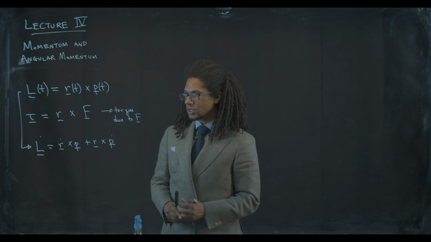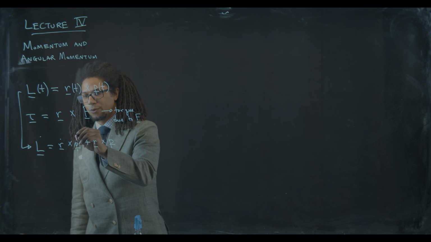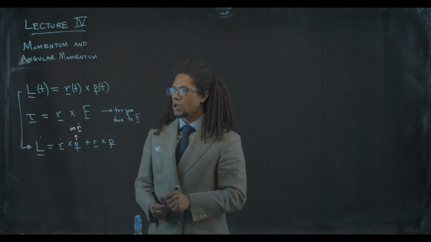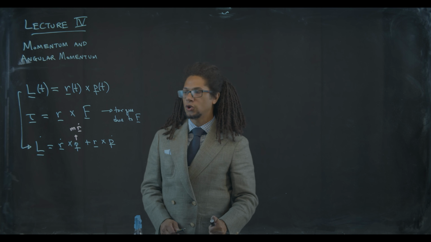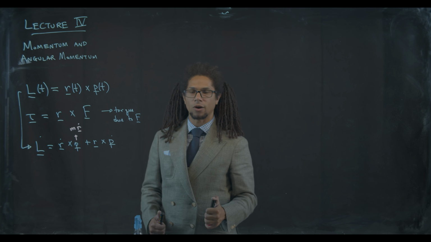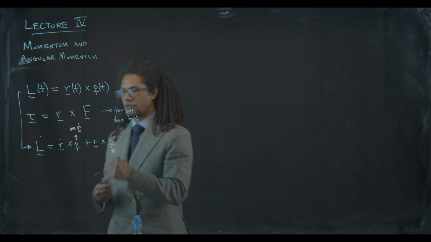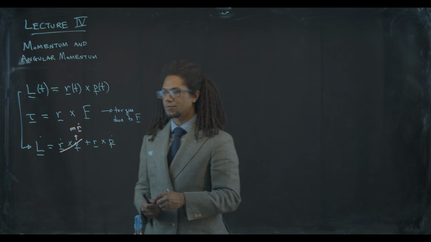Now, in the first case, let's take p and re-express it as m times r dot. Recall that the cross product of 2 vectors which are parallel is 0, and since r dot appears in both factors here, this first term is actually 0.